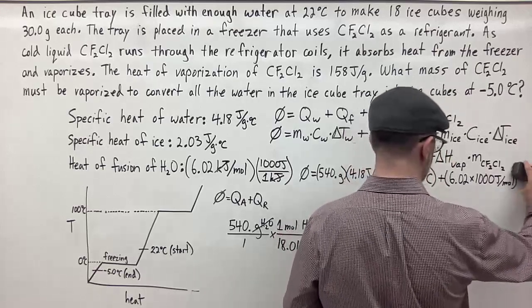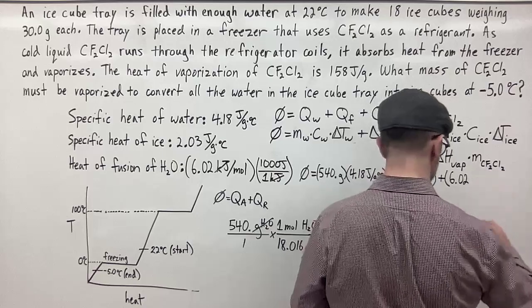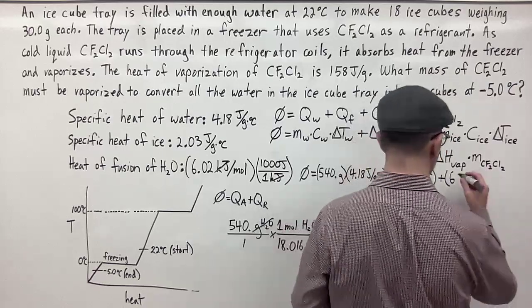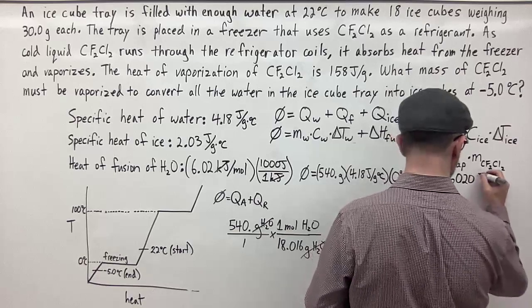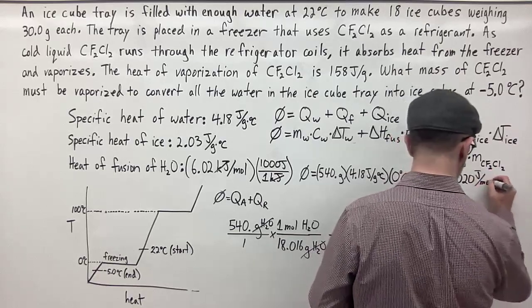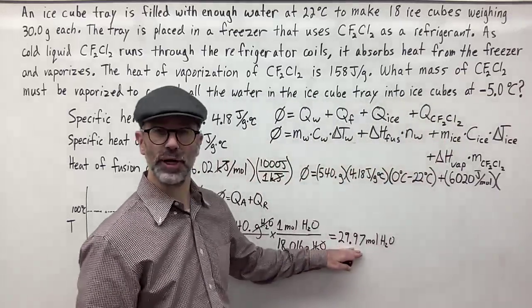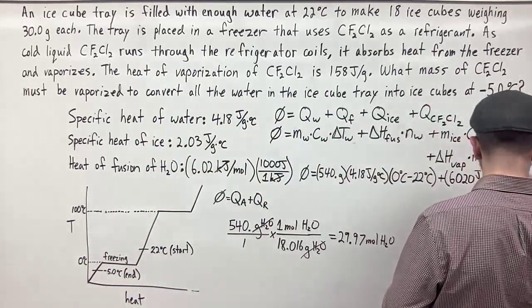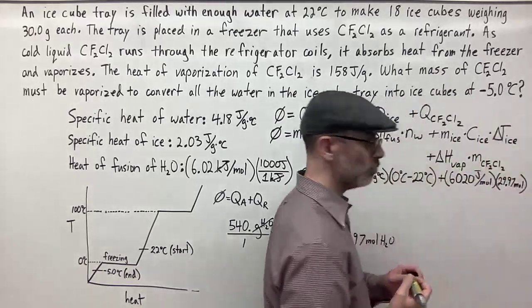So this is going to be 6020 joules per mole times 29.97 moles.